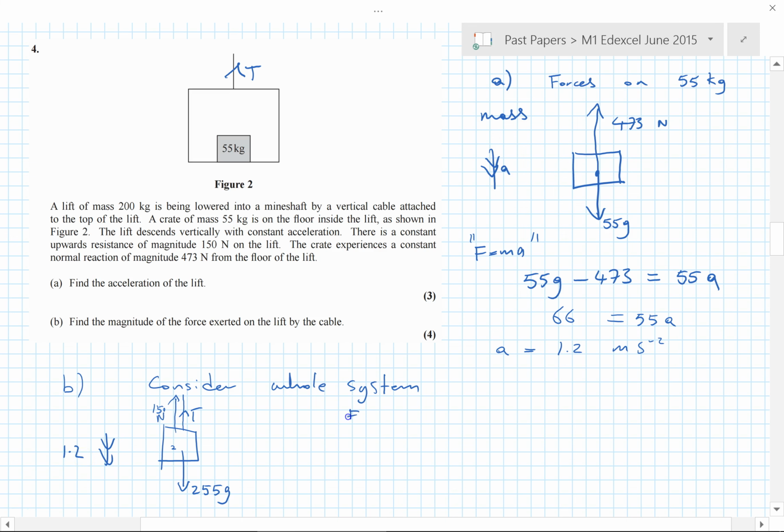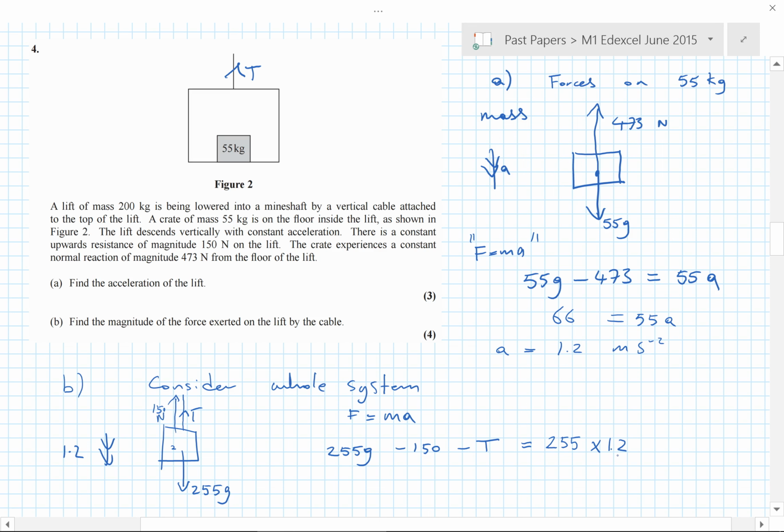So we're going to do F equals ma in the direction of the acceleration. So that's 255G downwards. Take away the air resistance upwards. Take away the tension in the cable that we want to find, is equal to the mass of this whole thing, which is 255 times the acceleration, which is 1.2.